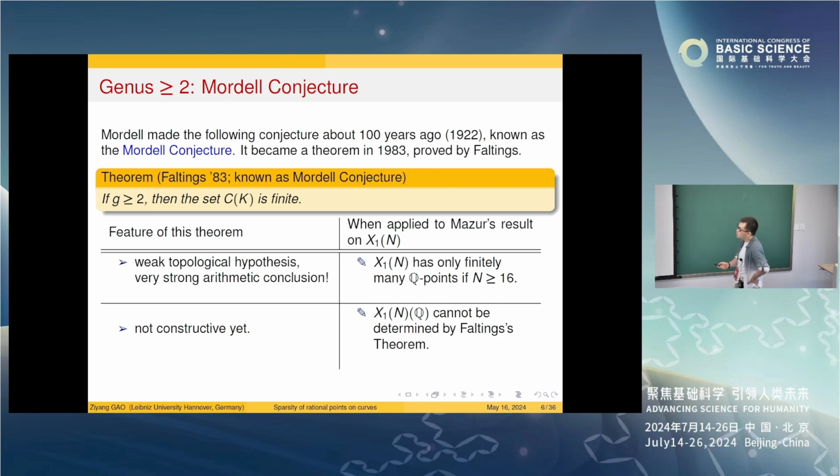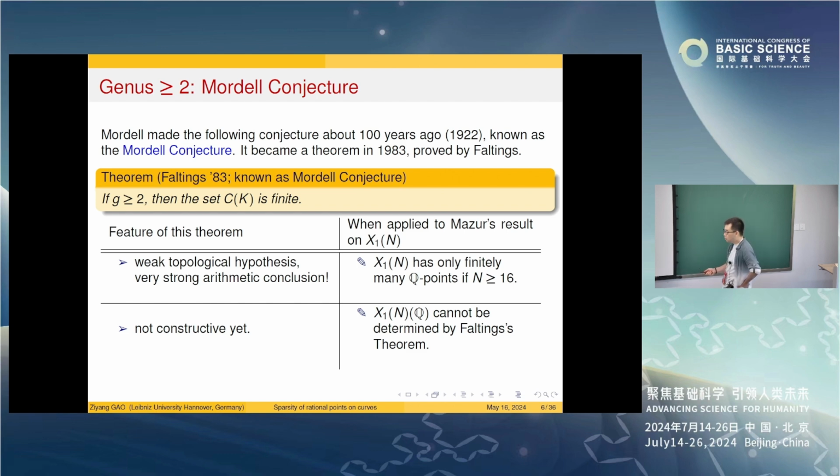And let's look at the theorem applied to Mazur's result on these curves when n is large enough. Immediately, it says that when n is large enough, then X_1(n) has only finitely many rational points, by Faltings' theorem. On the other hand, there is certainly room for improvement, because no existing proof of Faltings' theorem is constructive, meaning that given the curve, we cannot determine the set of rational points using this theorem.